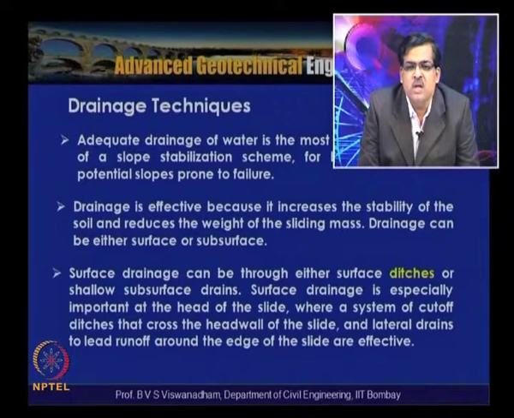The basic surface drainage system is at the head of the slide, that is at the top, where a system of cut-off ditches crosses the head wall of the slide, and lateral drains lead the runoff around the edge of the slide.